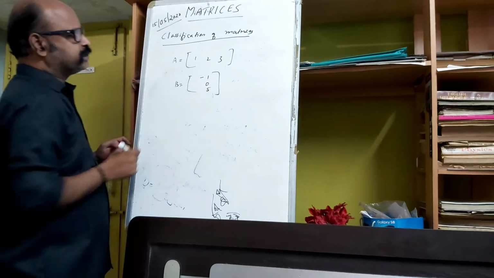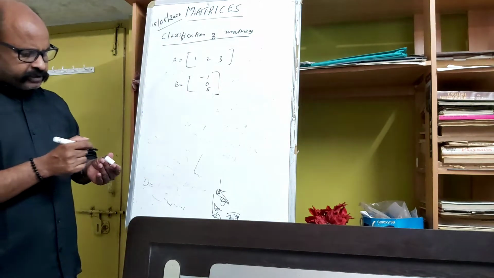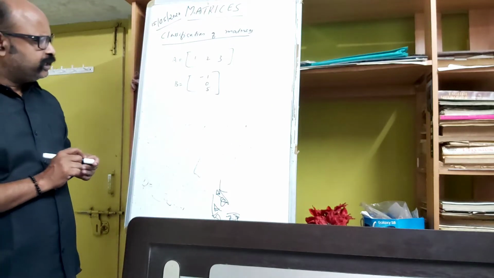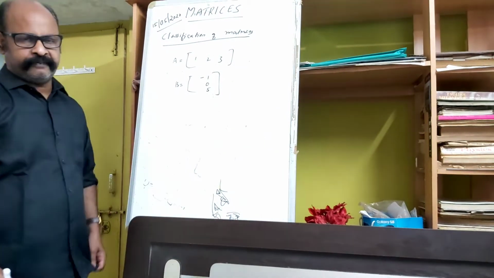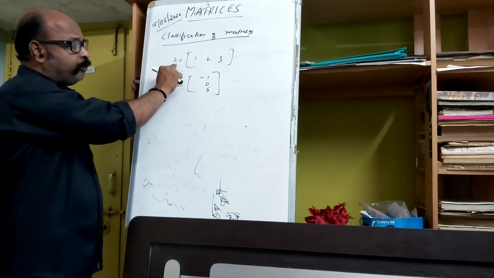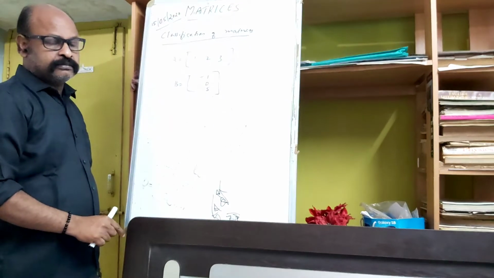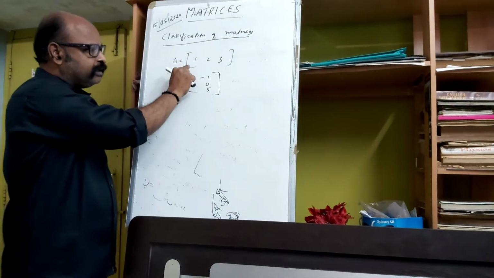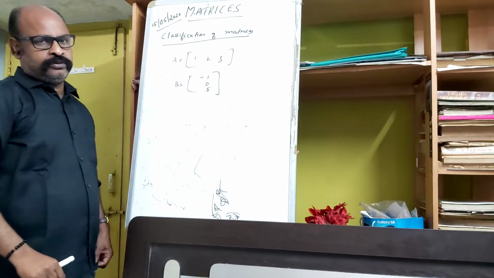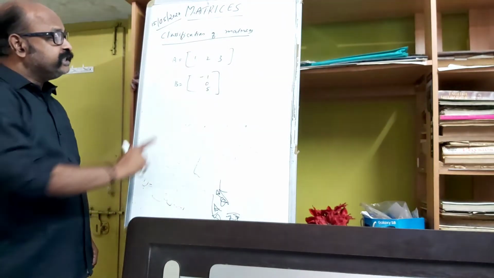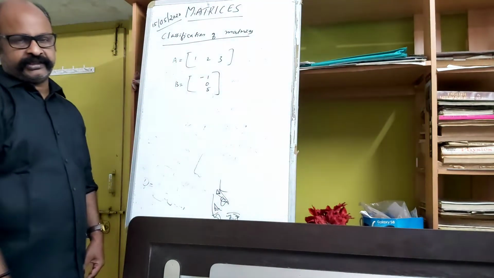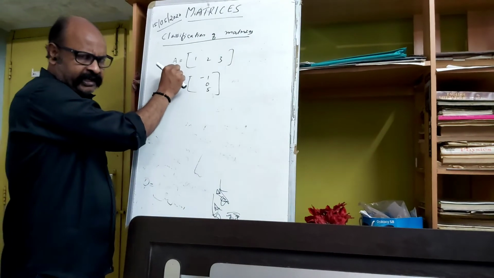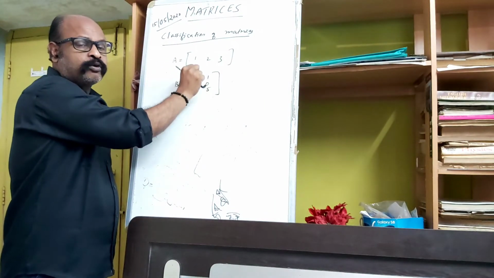Since it contains only one column, this is a column matrix. Now we concentrate on A. How many columns for A? 3 columns. How many rows for A? 1 row. So since 1 row, it is a row matrix. Now my question is, is the matrix A a column matrix?